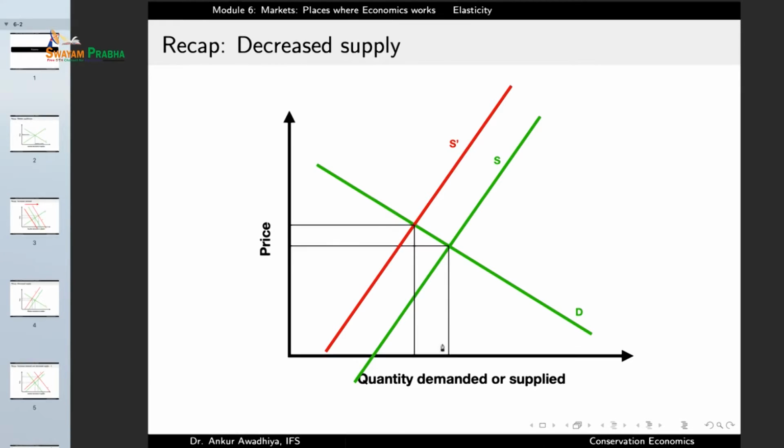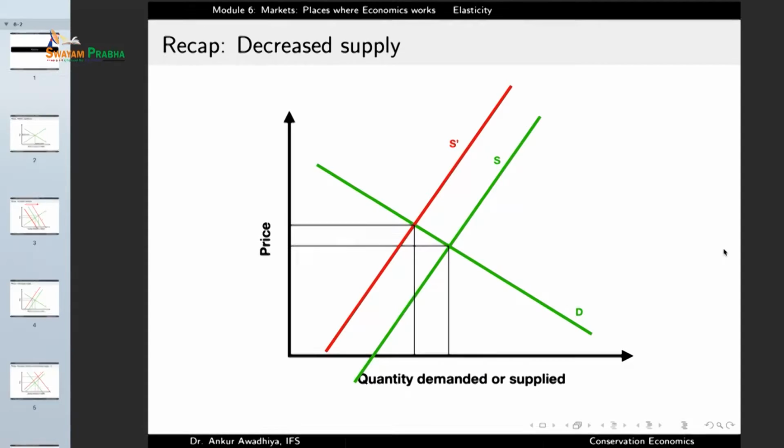Well, earlier the equilibrium quantity was this, the new equilibrium quantity is this, and as we can see, there is a decrease in the quantity that is demanded or supplied. So, with a decreased supply, there is an increase in the price and a decrease in the net quantity that is demanded or supplied in this market.